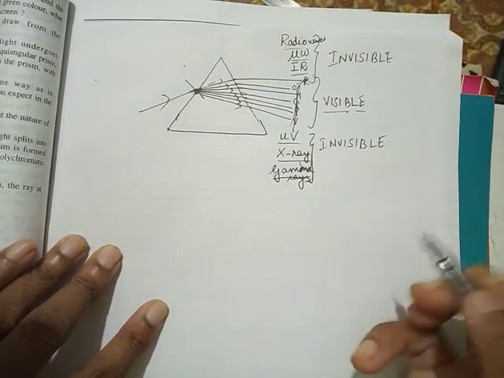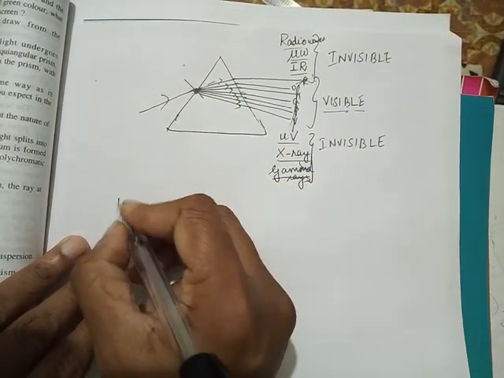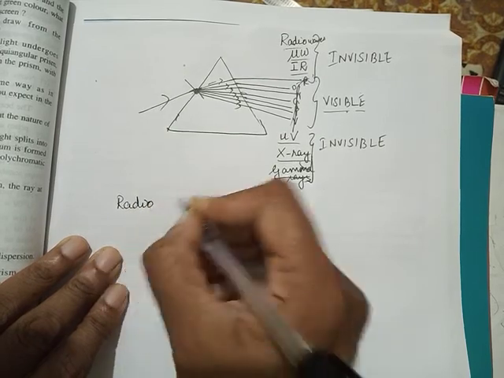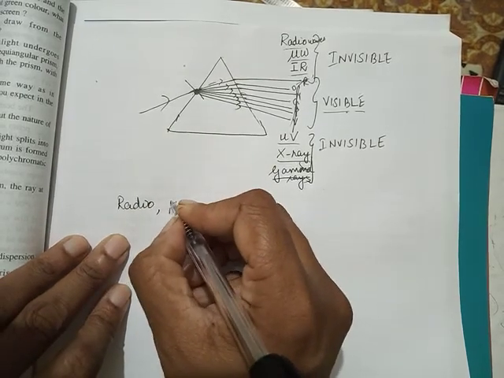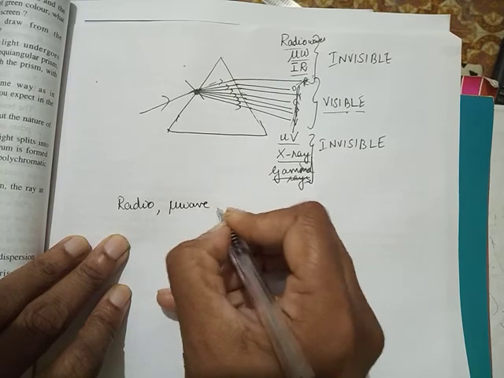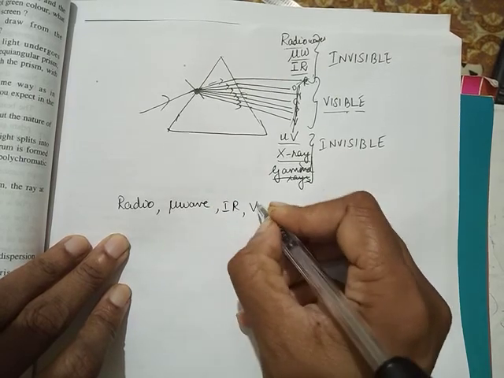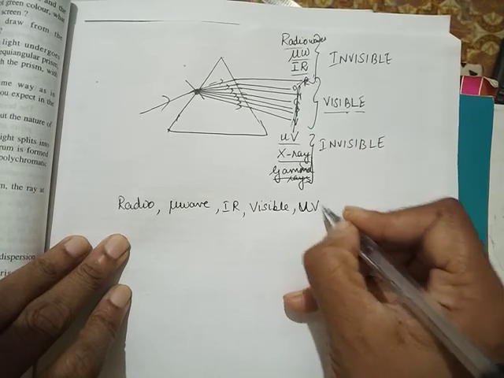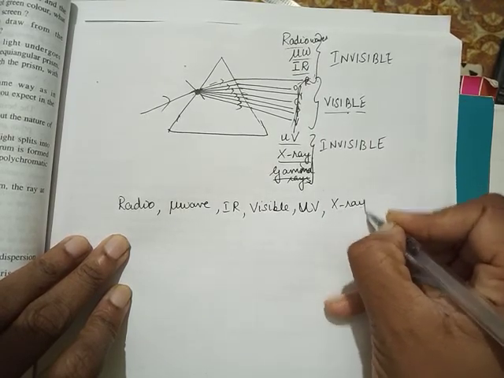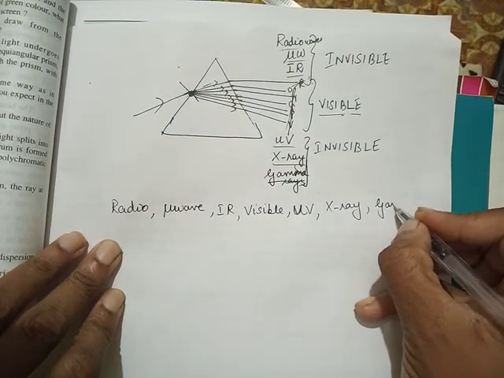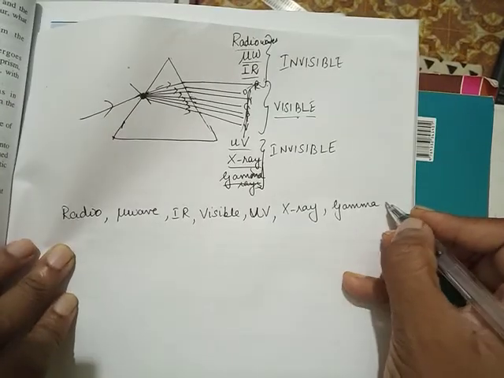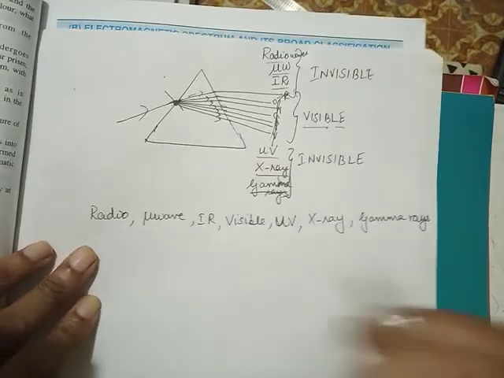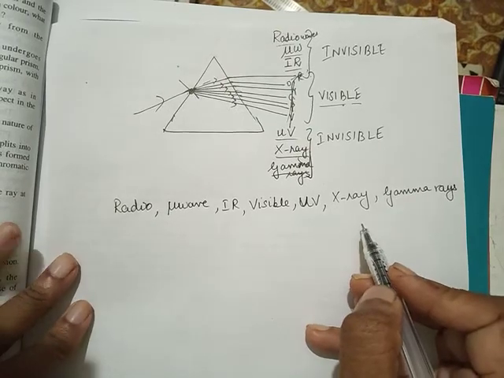The whole thing is called the electromagnetic spectrum: radio wave, microwave, infrared, visible, UV rays, X-ray and gamma rays. So these are the 7 rays in the electromagnetic spectrum. Now the order is very important.